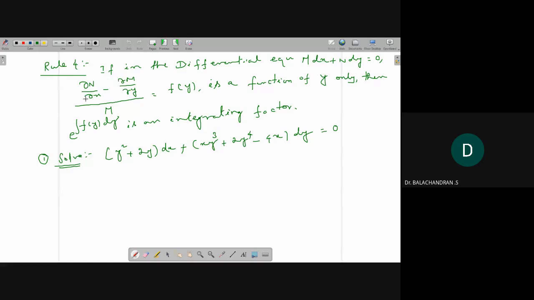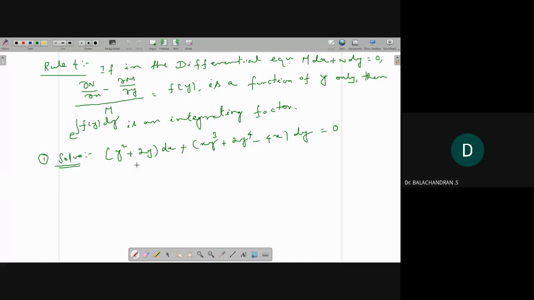So just interchange the places. And the denominator is m; in the previous case we had n. In the previous case it was a function of x, here it is a function of y alone. Then the integrating factor is e power integral f of y dy.